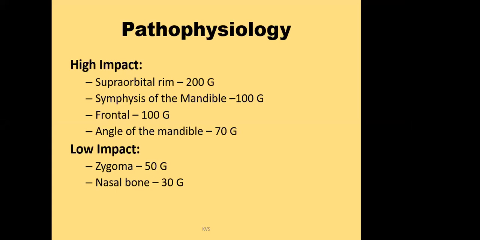You can see that the nasal bones are the weakest, just 30 G is enough. And the zygomatic complex also is fairly weak. And the angle of the mandible is the next.